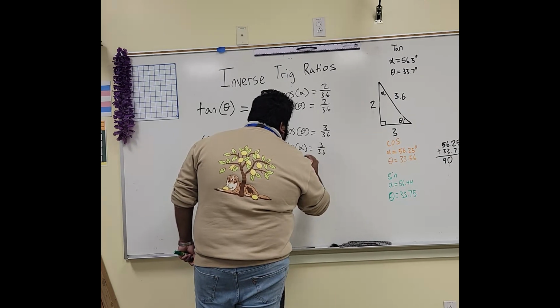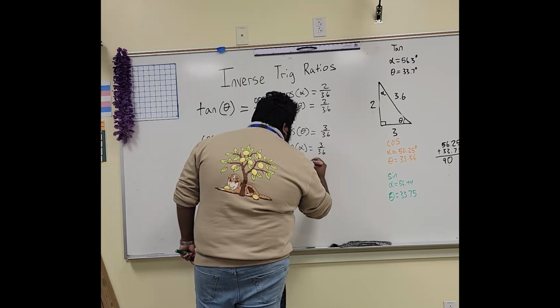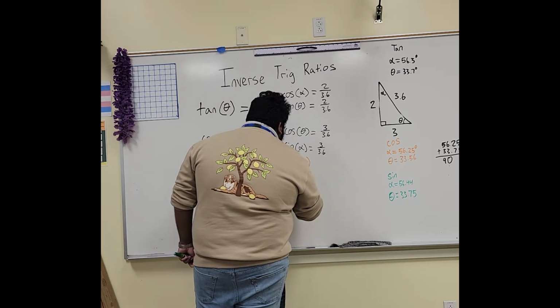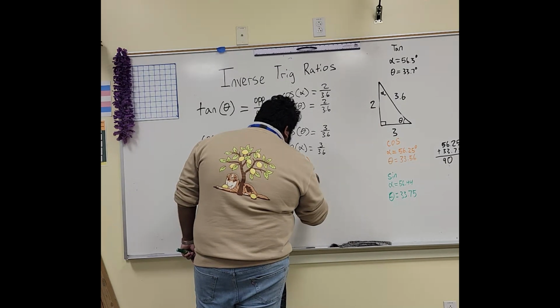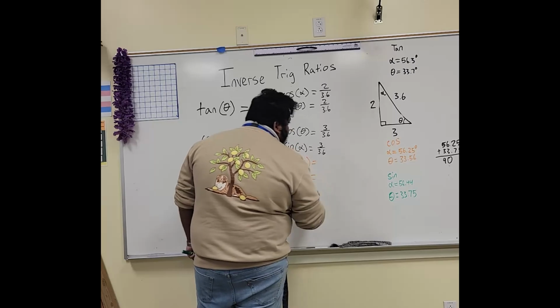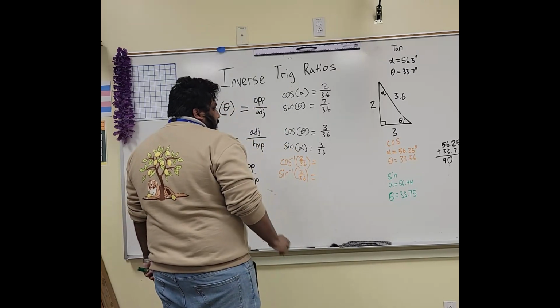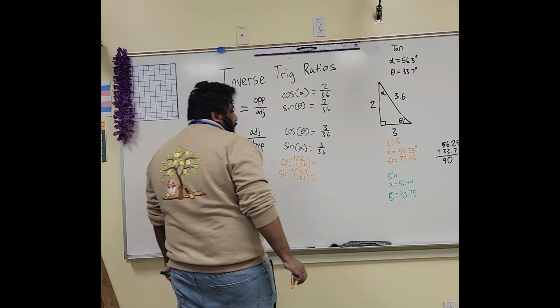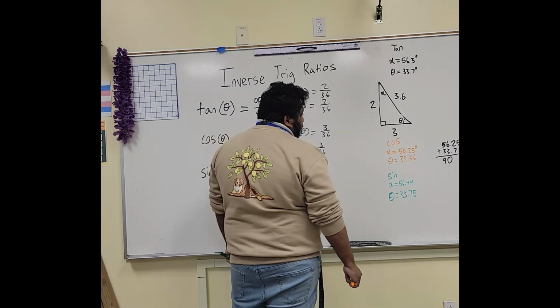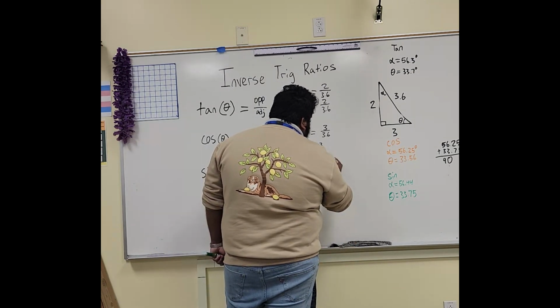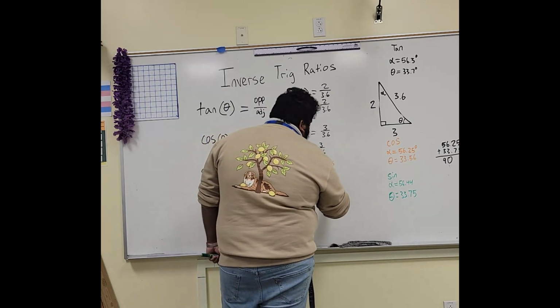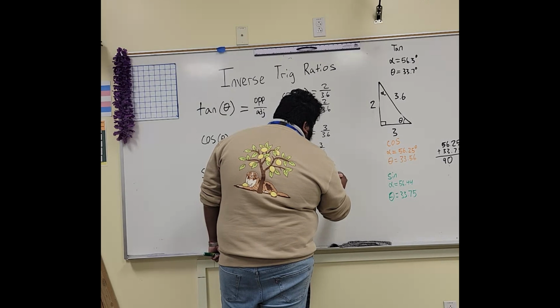Inverse cosine of 2 over 3.6 and inverse sine of 2 over 3.6. Right, so we had 56.25, and we had 33.75.